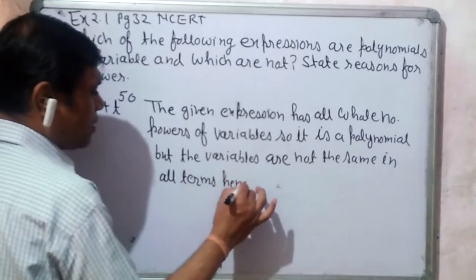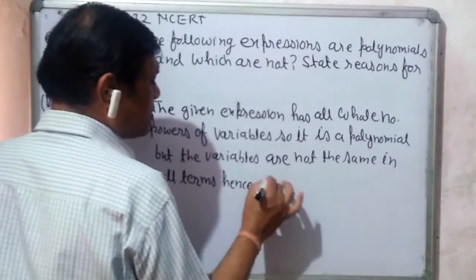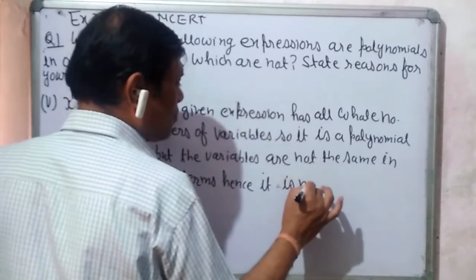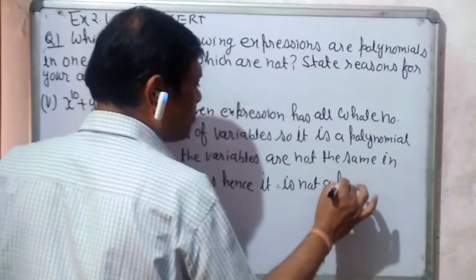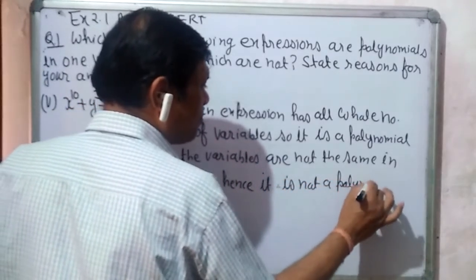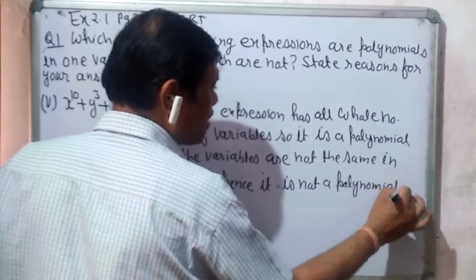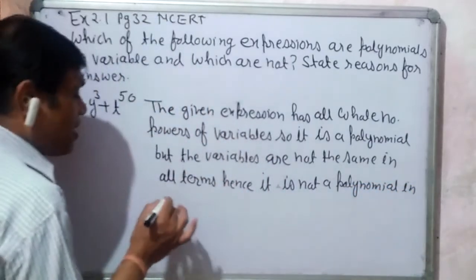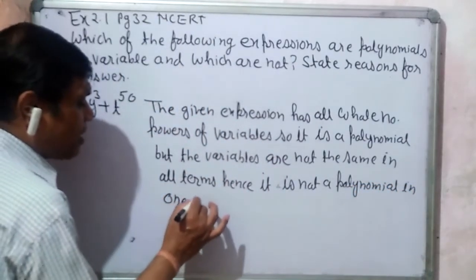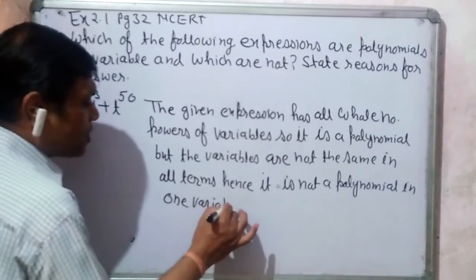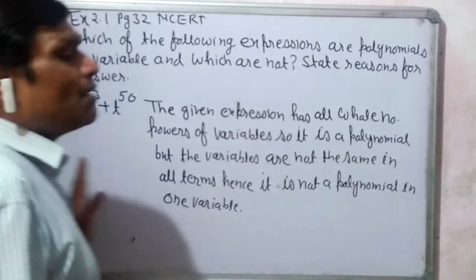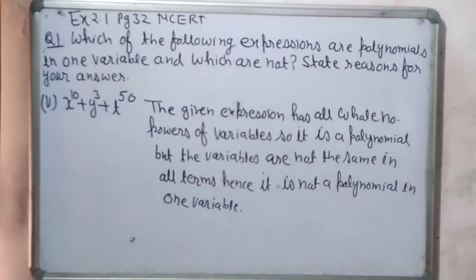Hence, it is not a polynomial in one variable. That is what our requirement was. Our question required us to have a polynomial in one variable, and it is not a polynomial in one variable. It is a polynomial, okay, but it is not in one variable.